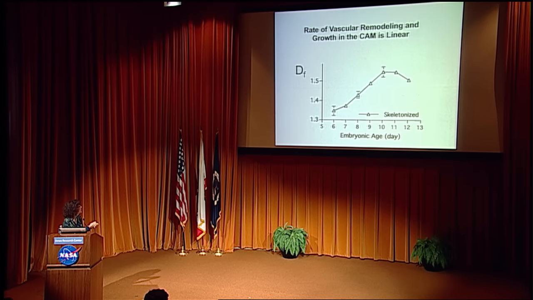So you see here that the growth pattern of the vessels is indeed linear during that developmental window. And this really is an exponential phenomenon analogous to talks we heard in our own space biology last week, in which the growth rates of microbes and cells also display a linear pattern of growth, because the rate of change is dependent on the current state of the system.